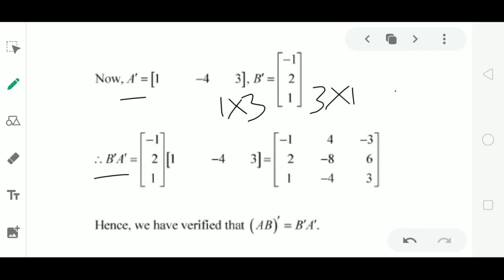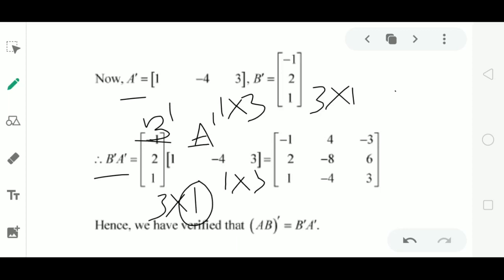To find the product of B dash and A dash, the condition is that the number of columns of the first matrix should be equal to the number of rows of the second matrix. B dash has the order 3 by 1 and the order of A dash is 1 by 3. The number of columns of B dash is equal to the number of rows of A dash.